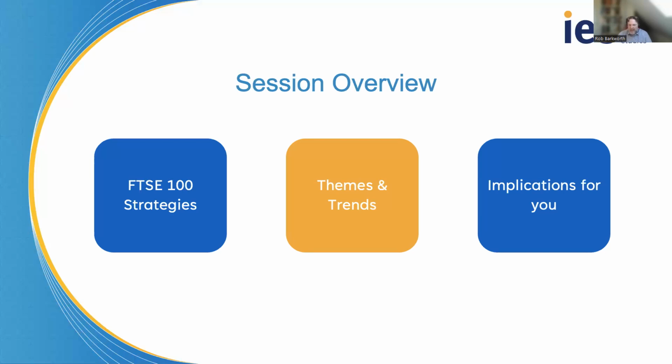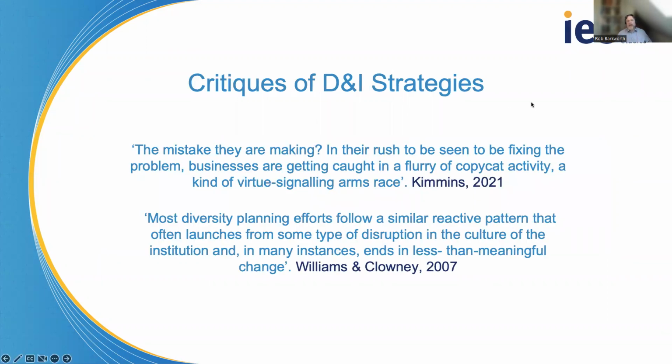And I was sadly disappointed that there really wasn't much in the way of useful information that can inform practice in this area. I did, however, find quite a lot of criticism of diversity and inclusion strategies, some of which mirrored my own, maybe expressed in a harsher way. Just want to share some of those with you now.